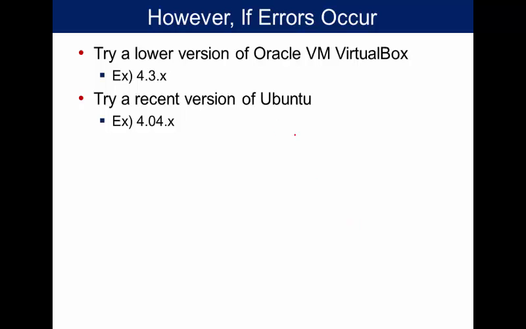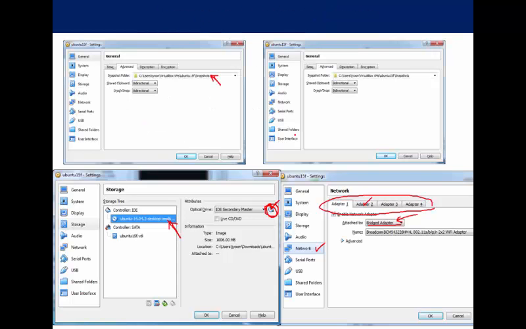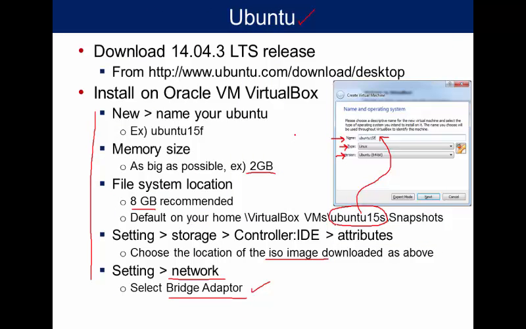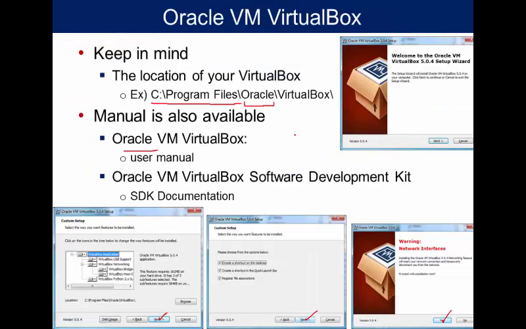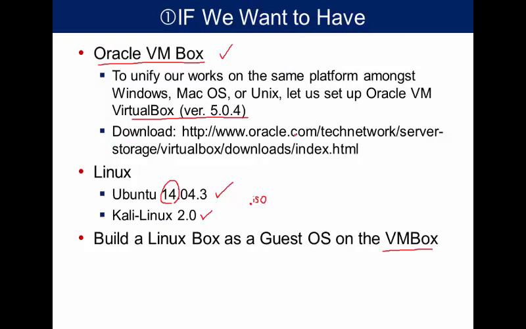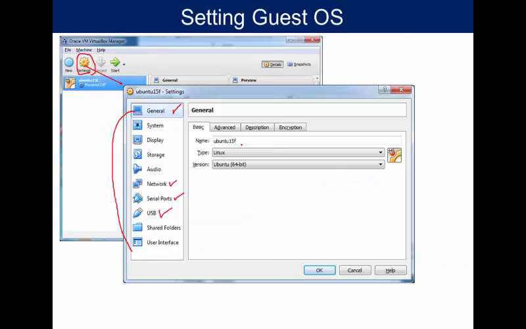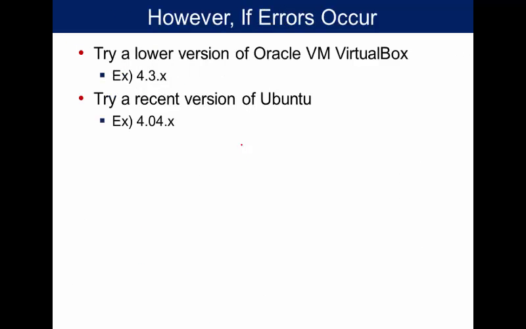However, if there is an error running, what is the version of the current Oracle VirtualBox? The current Oracle VirtualBox is version 5.5.0. This is the current VirtualBox. But if you have an error, then I want you to lower the version.